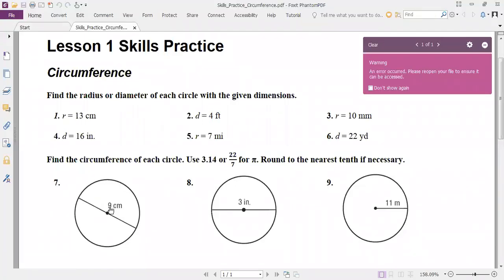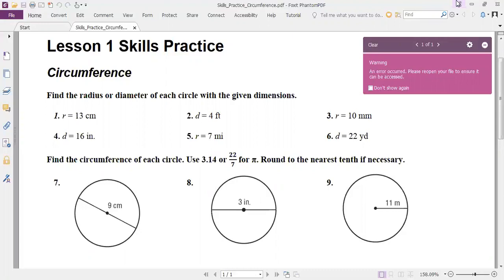We said we will put pi as 3.14 or 22/7. 9 times 3.14 is equal to what? Make it on your calculator. 3.14 times 9 equals what?